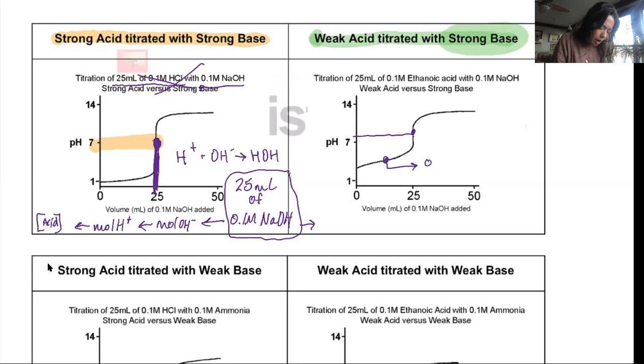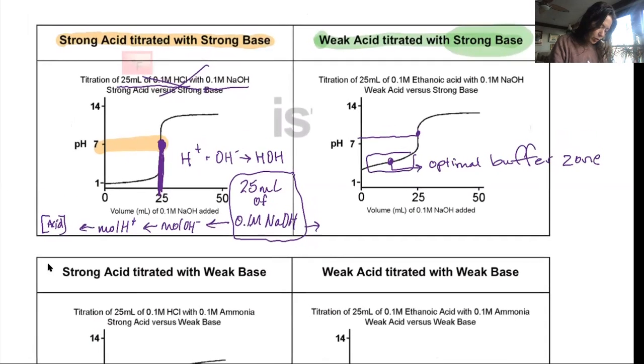This is our optimal buffer zone. That's the case with the other one too. Why is it an optimal buffer zone? Because our weak acid and our conjugate base are in a 1-to-1 ratio. pH equals pKa. We have both present. We can absorb both acids and bases without our pH changing very much, right? It's flat here. pH isn't changing very much.